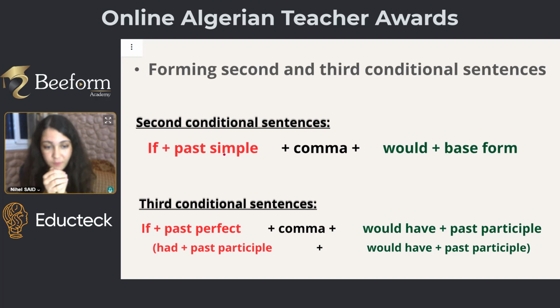For the third conditional sentences, it is formed by the past perfect in the if clause, the past perfect being formed by had and the past participle, followed by a comma, and then would have and the past participle of the verb.